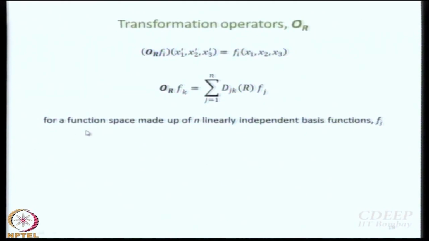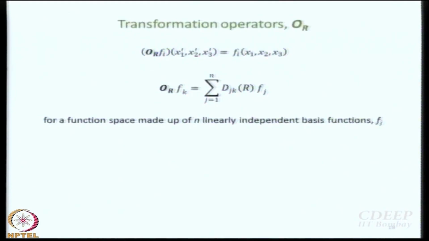Suppose you are working with a function space made of n linearly independent basis functions. Here I should have written Fk, actually I have written Fj, no, Fj is fine. So, suppose you are working in a function space where you have n linearly independent basis functions, okay.